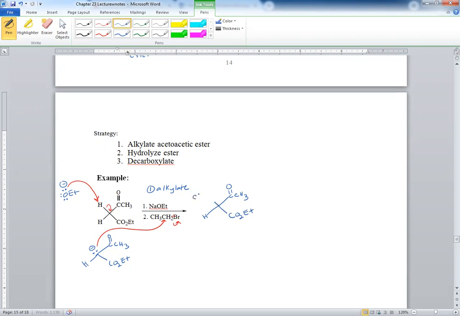So here it is, CH2CH3. Very well. So here's what we started with. We started with the alkylating of the ester.